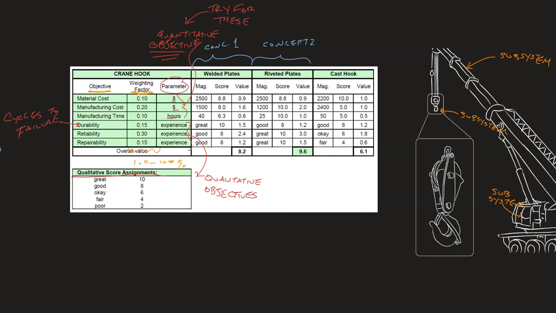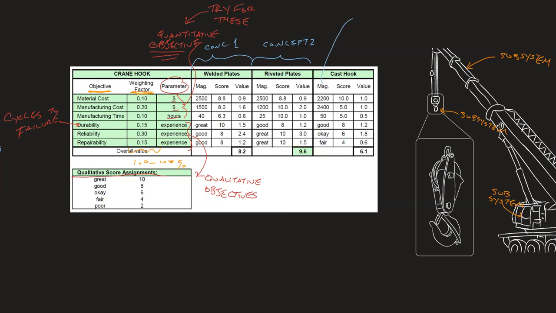So you can see this is our crane hook subsystem from whatever concept 1, concept 2, etc. were. Each decision matrix has one major column for each concept to go into. Within each one of these subsystem columns for a concept, we have 3 subcolumns within it.